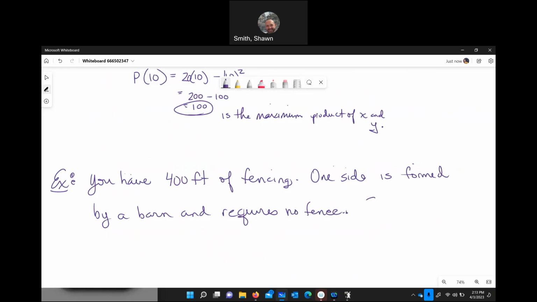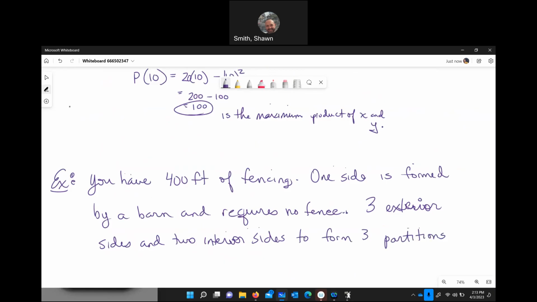We have 3 exterior sides and 2 interior sides to form 3 partitions of a corral.